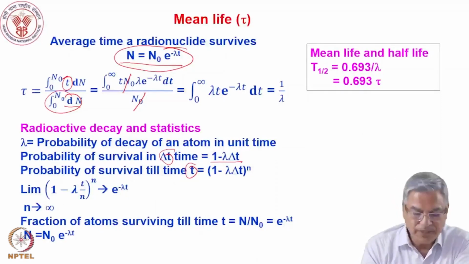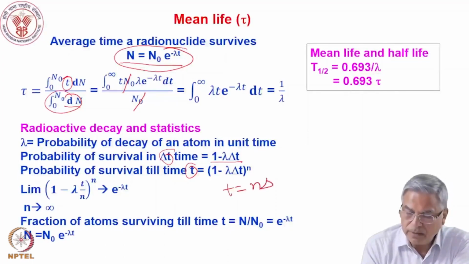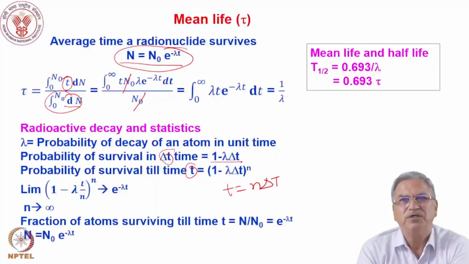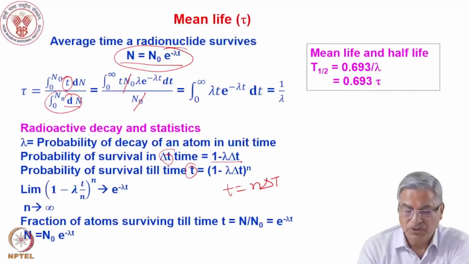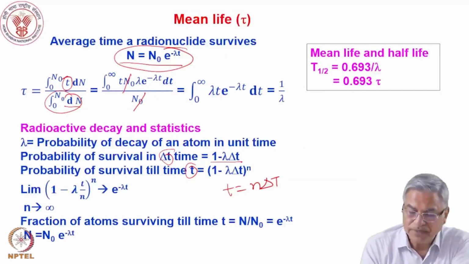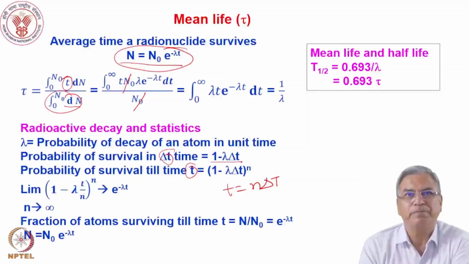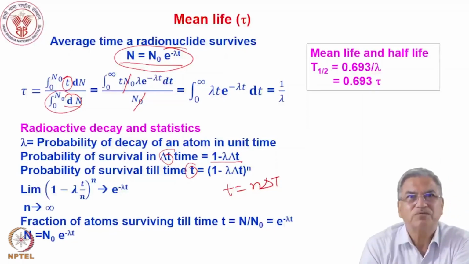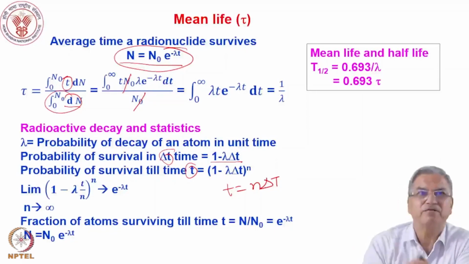This time t we can define in terms of n delta t. That means you divide this time interval into a large number of delta t intervals, n intervals. So it becomes (1 minus lambda delta t) to the power n. You just multiply the probabilities over the n intervals.